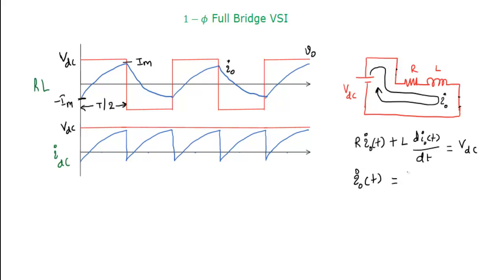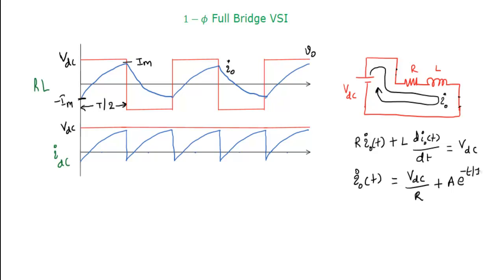Steady state current is nothing but, if you connect these thyristors permanently, then the inductor will act as a short circuit for the DC. Then in that case, current in the circuit is VDC by R. So that will be the first portion, steady state current VDC by R, plus we'll have some transient current, some constant A into e power minus t by tau. So that is the general formula for the inductor current.